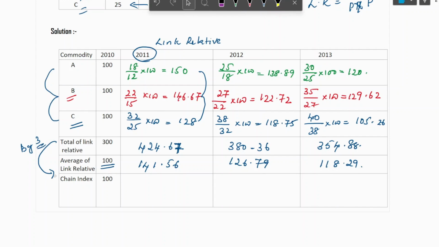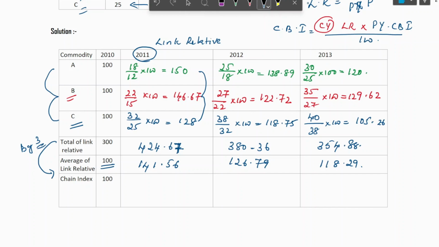Here just create the last column, quite bigger, and we are going to write it here. What's the formula for chain base index? Chain base index equals current year link relative into previous year chain base index, whole divided by 100.